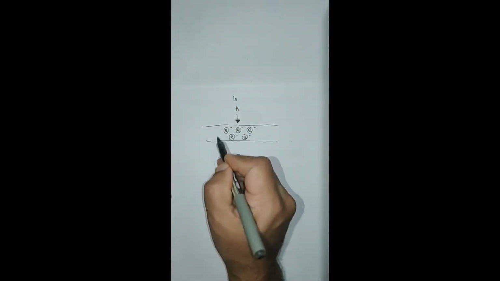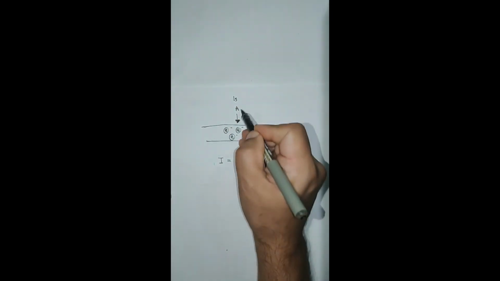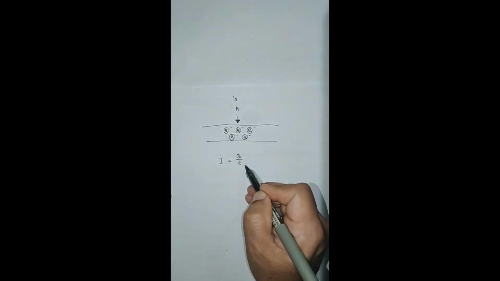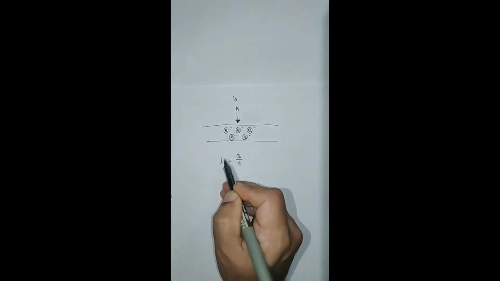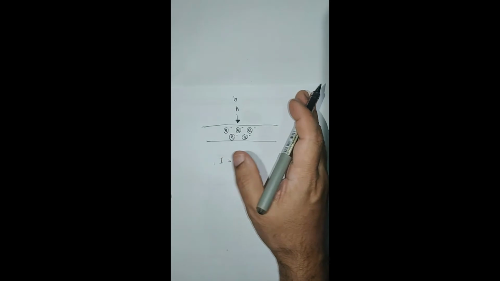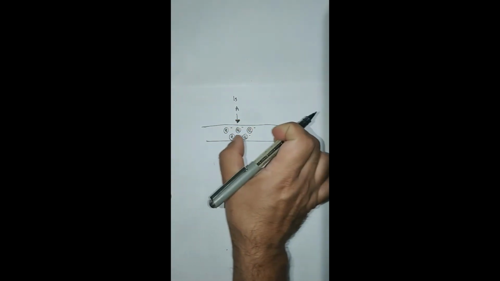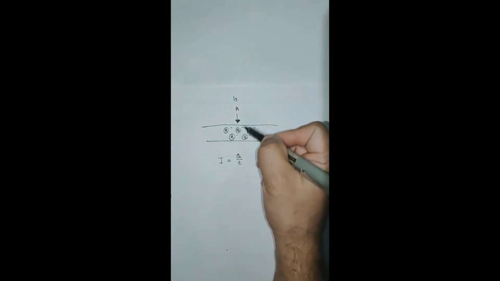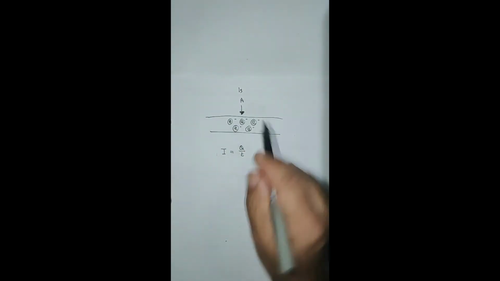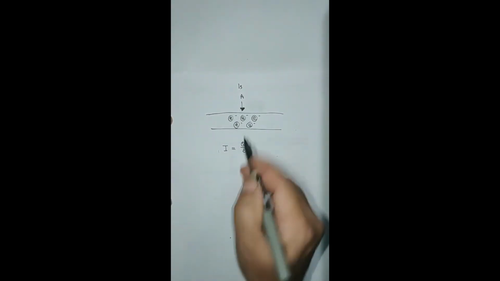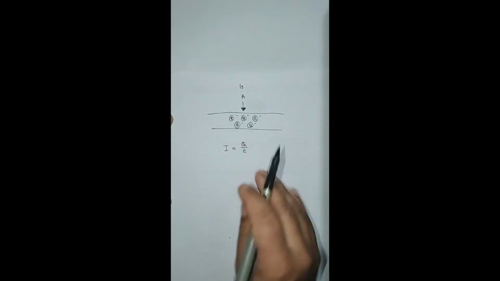How much charge flows past this point A in 1 second? That's what the current is. How much charge flows through in a given time, and that given time is 1 second. So how many electrons essentially go past this point in 1 second? We're not interested in the number of electrons, we're actually interested in the charge on the electrons.